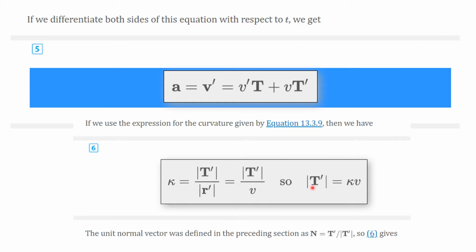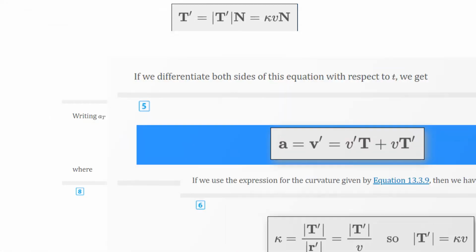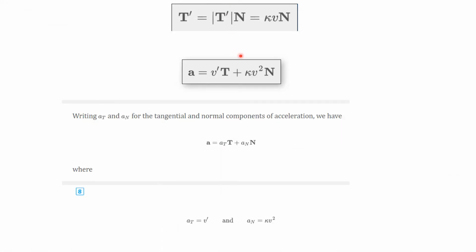So we know that the magnitude of T prime is the curvature times v. And so we're going to substitute for T prime up here. T prime is going to be N times the magnitude of T prime, and we're going to substitute this in. You want to check this algebra, but this is what you get.